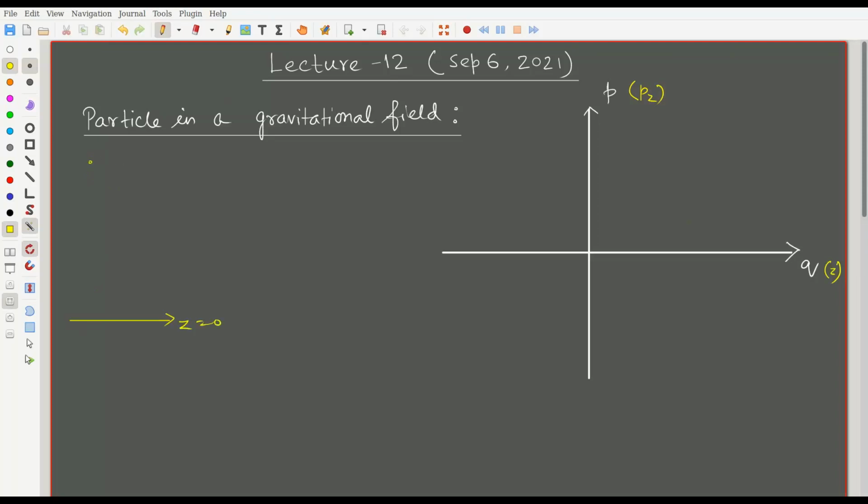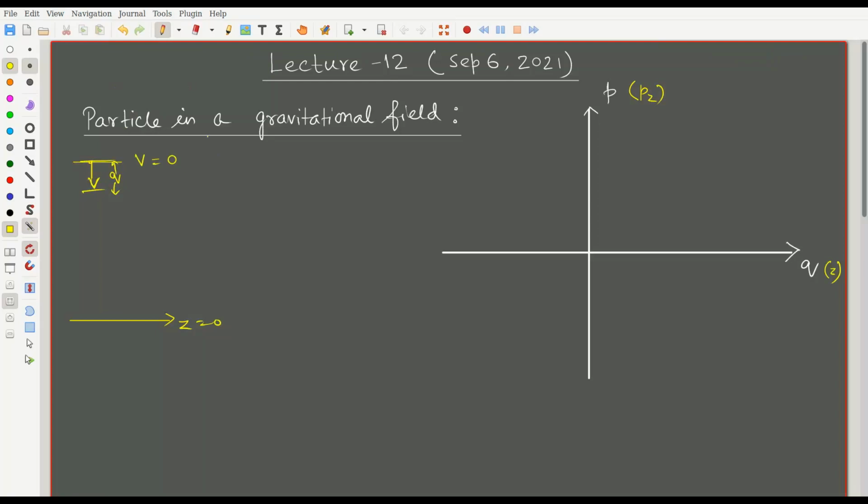You drop the particle from here, and basically here you take your potential to be 0. As the particle falls, its potential energy decreases. This distance you call q.